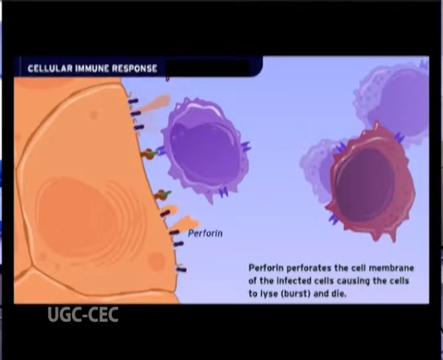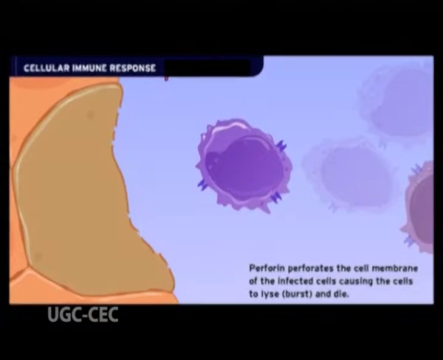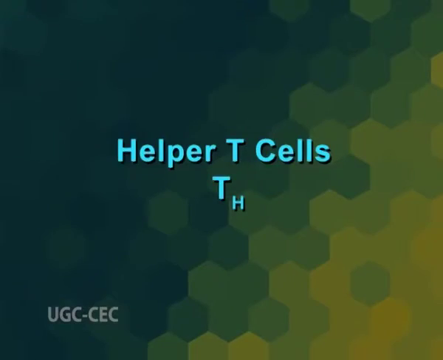The sensitized T cytotoxic cells induce apoptosis in cancer cells or intracellularly infected cells. The self cell is destroyed in this mechanism, but this sacrifice protects the host from the hazardous consequences of spreading infection.